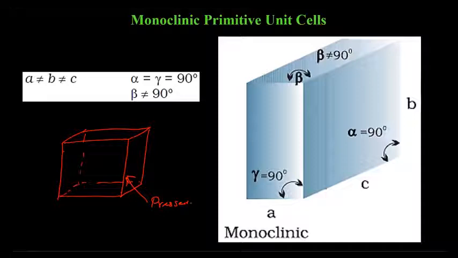The moment we pressed it from this side, this angle became greater than 90 degree. But this angle and this angle remained the same, 90 degree, and this also 90 degree.